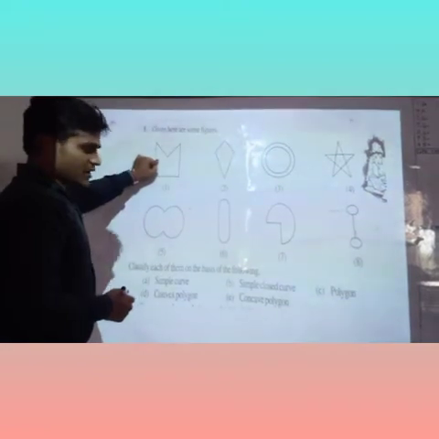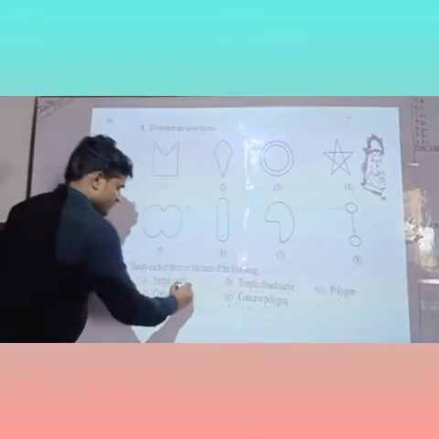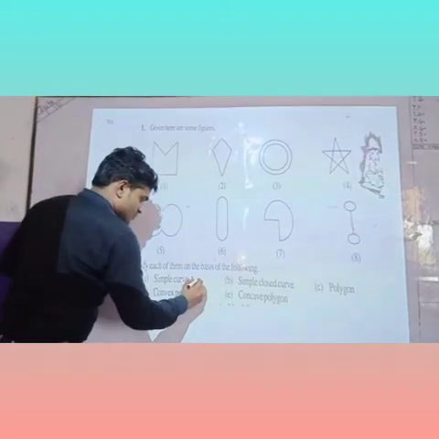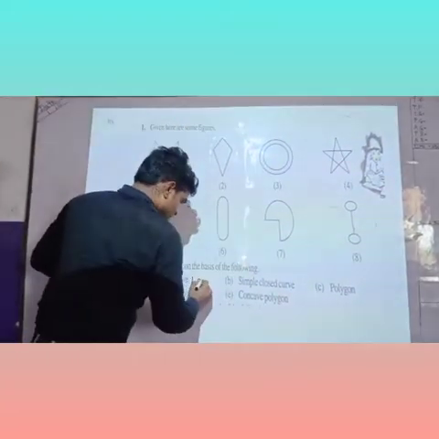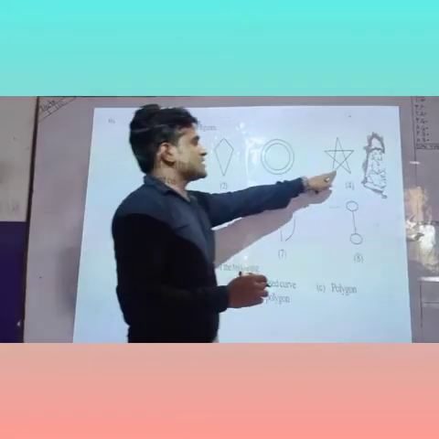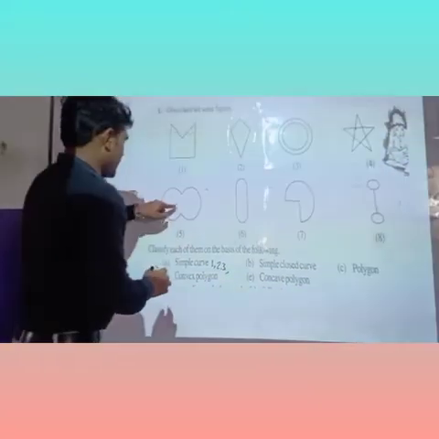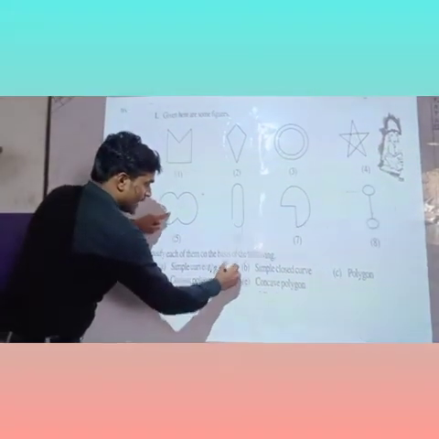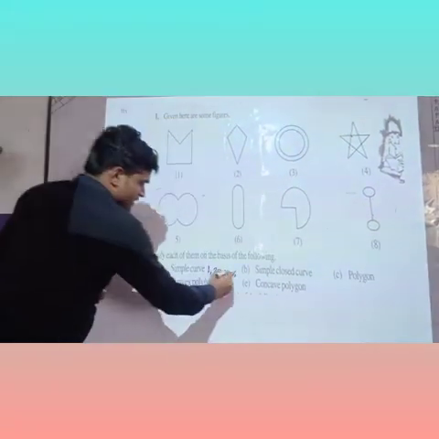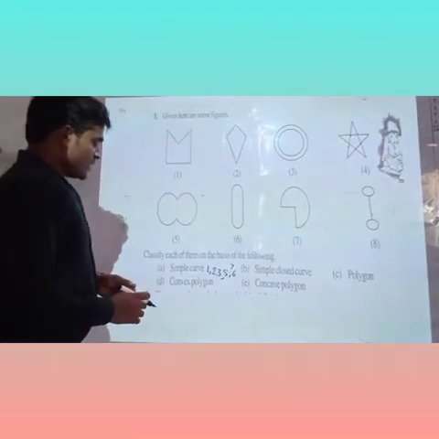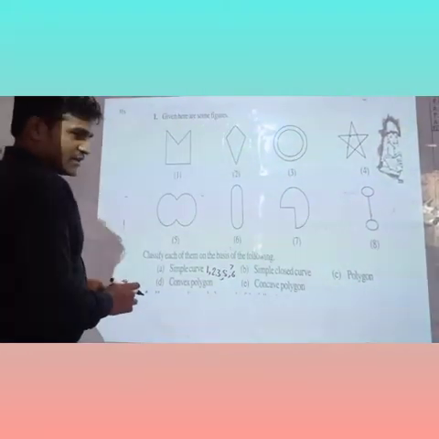This is also a simple curve. So children, a simple curve is 1. The second is also a simple curve, so 2. This is also a simple curve. But this one is not a simple curve, because the parts are intersecting each other. And 5, 6 and 7, these all are simple curves.